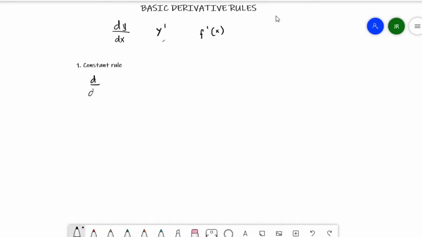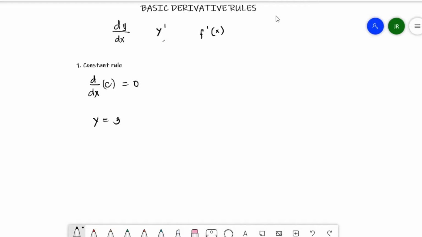For the constant rule, okay, so derivative of a constant with respect to x that is equal to 0 states that the derivative of any constant is always equal to 0. Okay, so for example, y is equal to 3. This y is equal to 3 is a constant function.